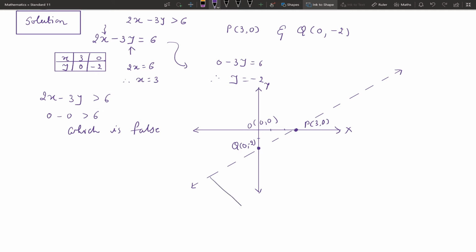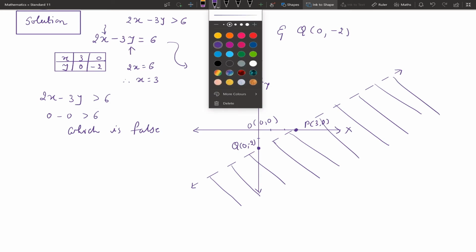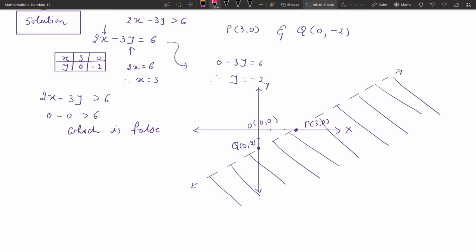So naturally we have to go on the opposite side. So this is the solution portion. This is the solution portion.